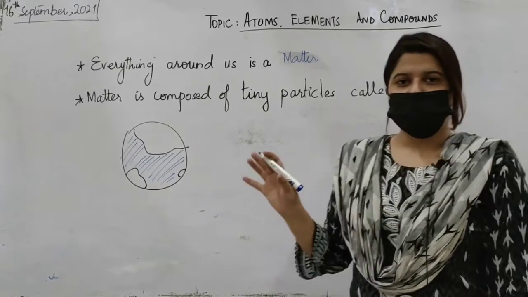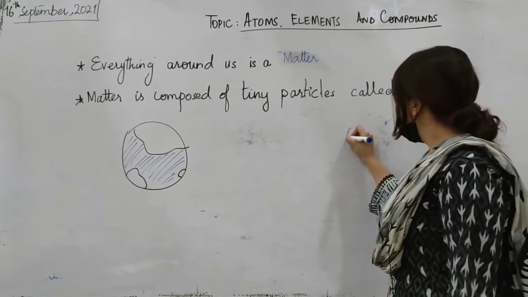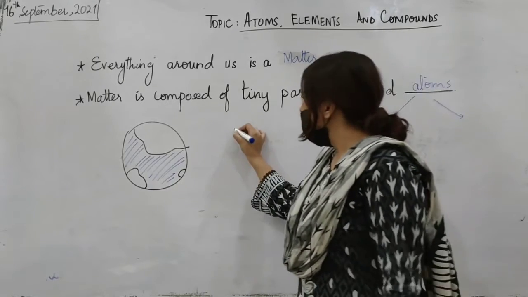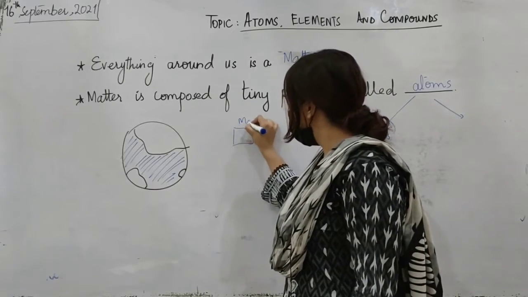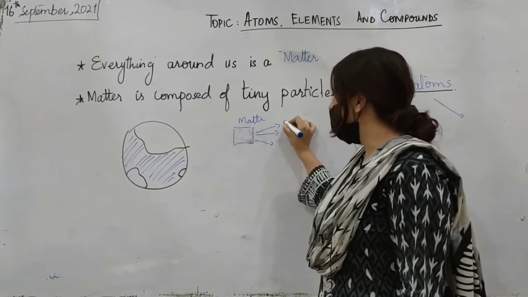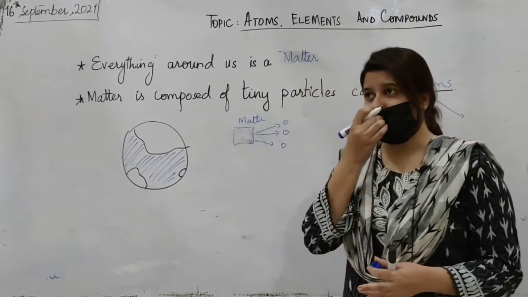Atom is a word that comes from a Greek word, atomos. If we have matter and we try to divide it into a simpler form, into a smaller form, we can divide that matter.